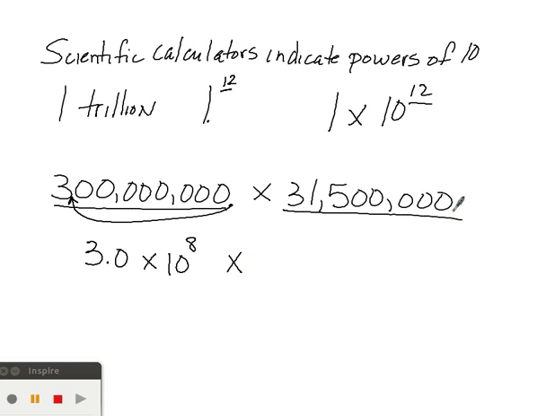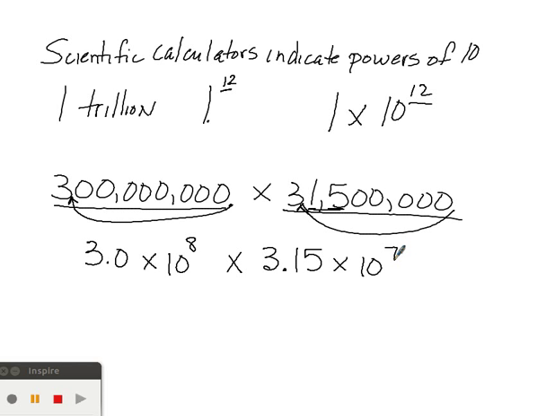Here, we need to move our decimal point to in between the 3 and the 1. So we have 3.15 because we copy down every non-zero digit after the decimal point. But we still moved 7 places.